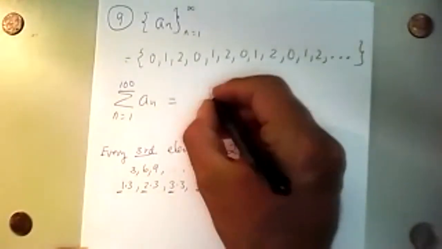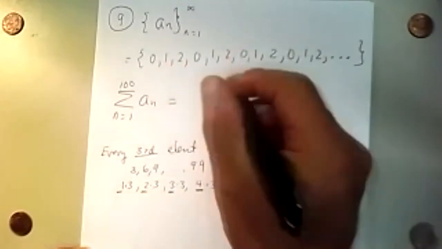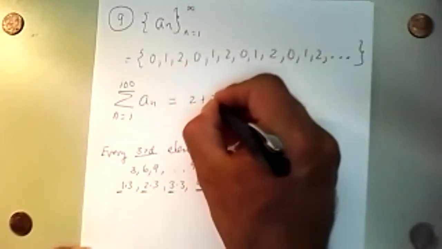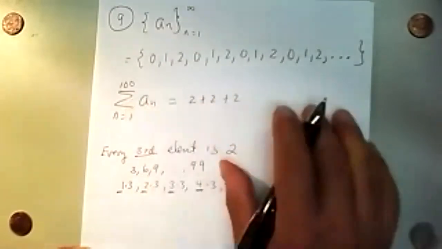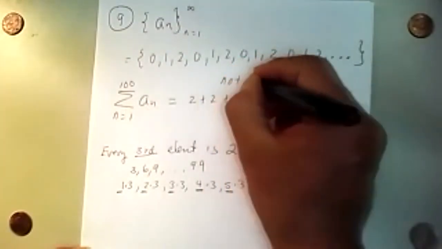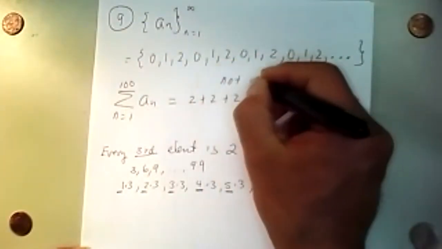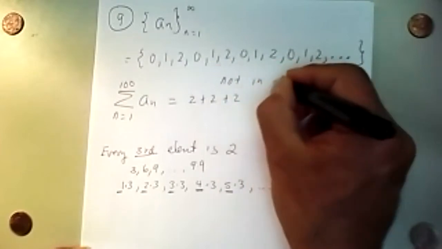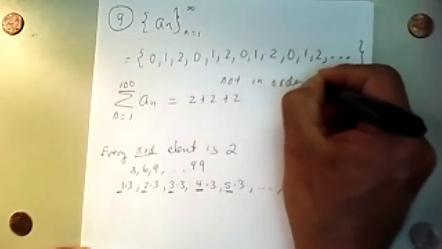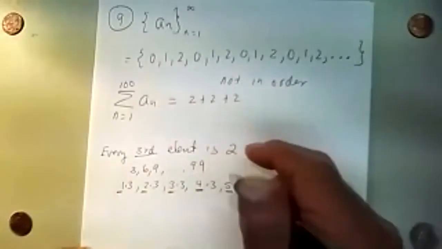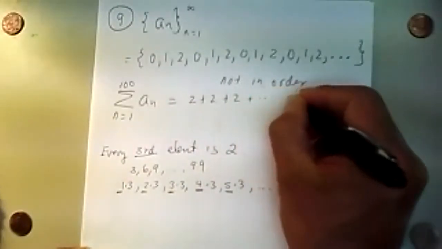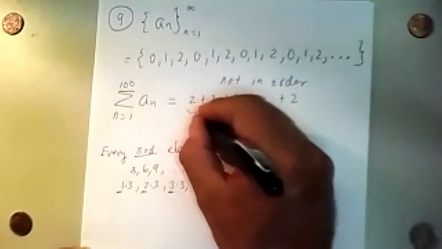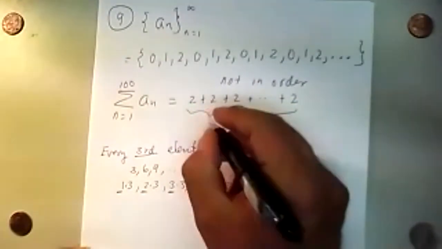So this is equal to, I'm starting with the twos, 2 plus 2 plus 2. They're not in order, mind, so the sum is not in order. I'm rearranging them, just counting the twos, plus a bunch of twos. How many of them? 33.